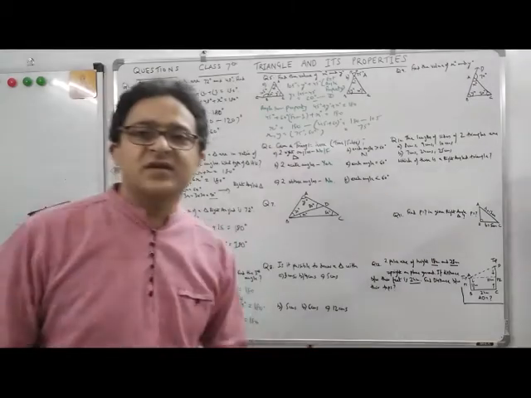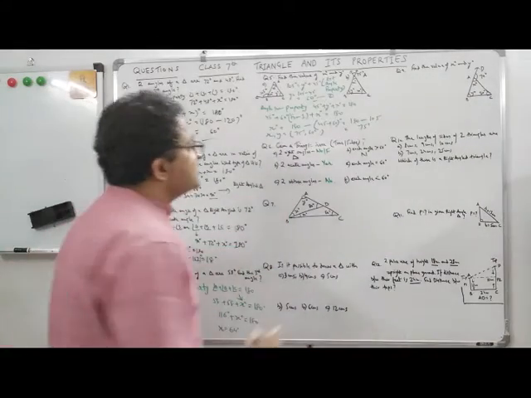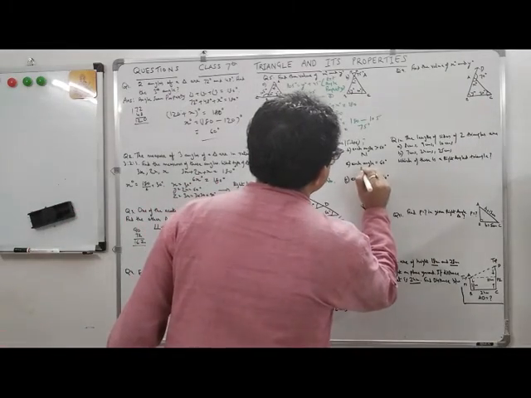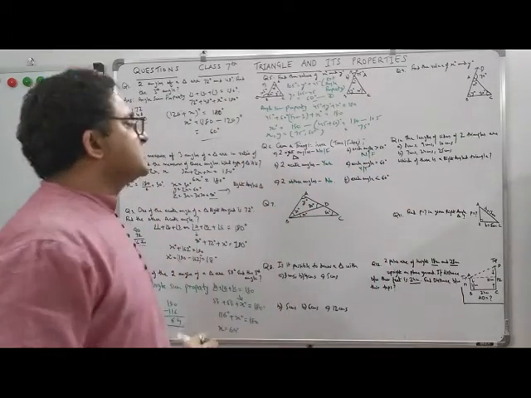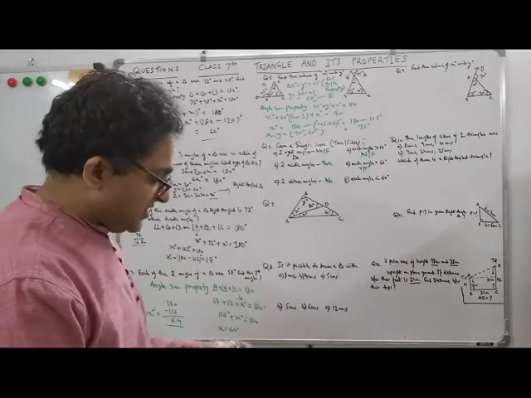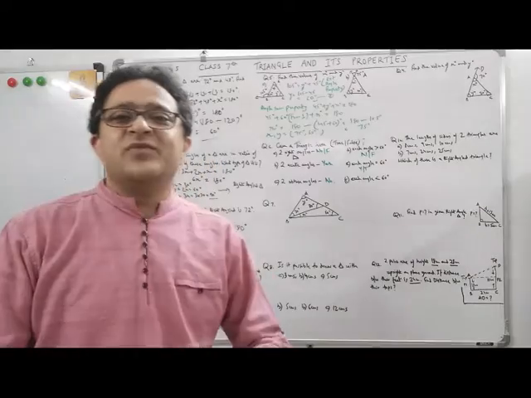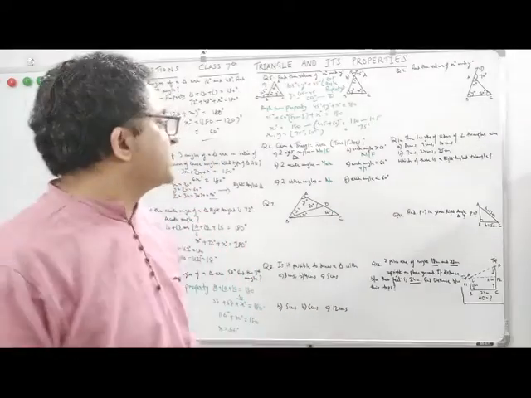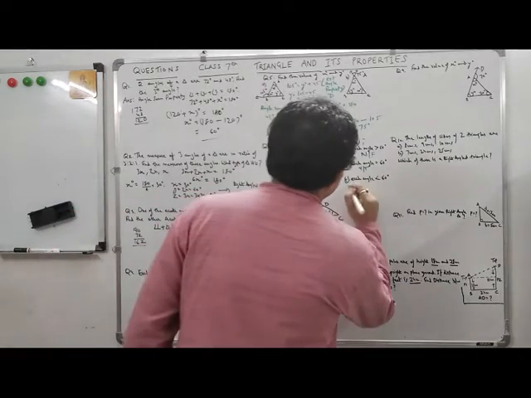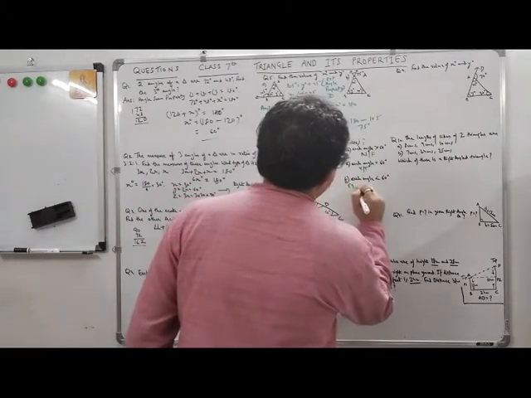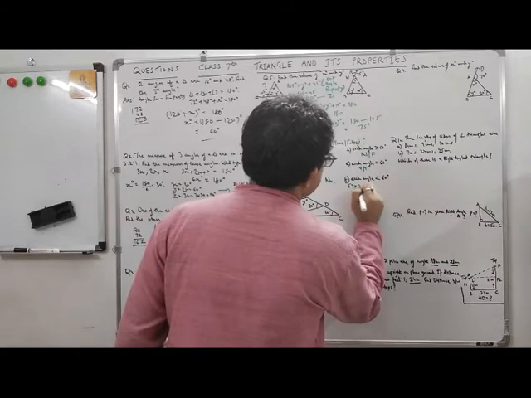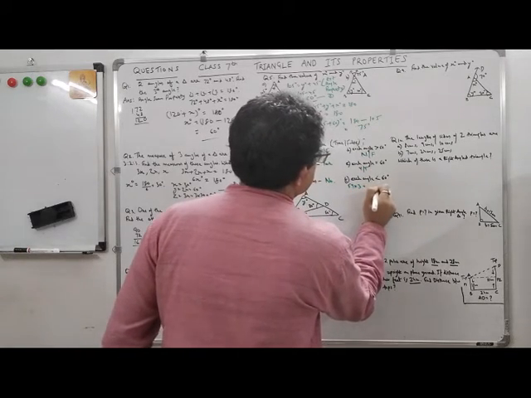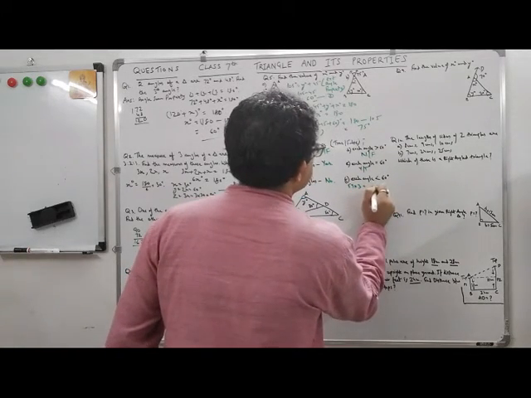So yes, you can have each angle 60, which is true. Each angle less than 60, okay. Is it possible? No, because again the angle sum has to be 180. If you take say 59, 59 into 3 is how much? 177.